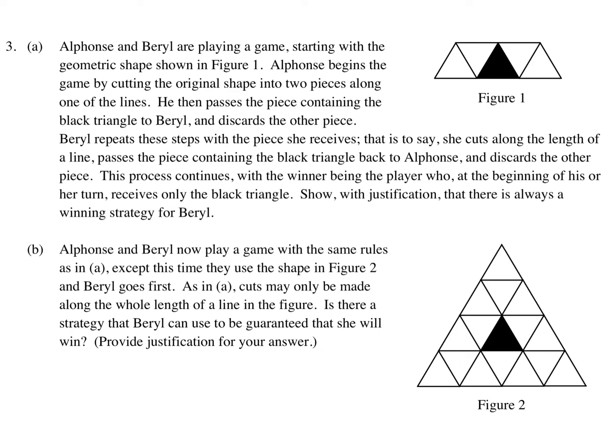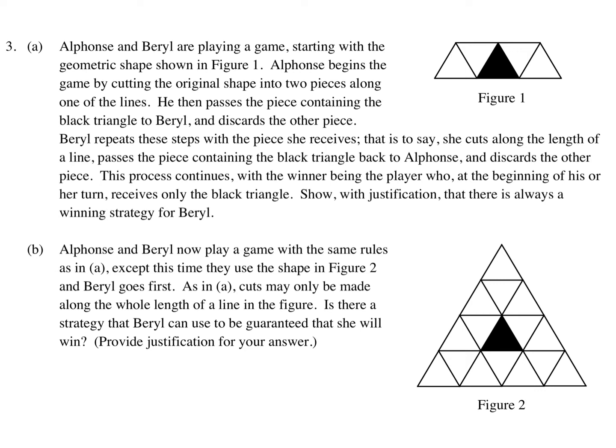Alphonse and Beryl are playing a game, starting with the geometric shape shown in Figure 1. Alphonse begins the game by cutting the original shape into 2 pieces along one of the lines. He then passes the piece containing the black triangle to Beryl and discards the other piece.